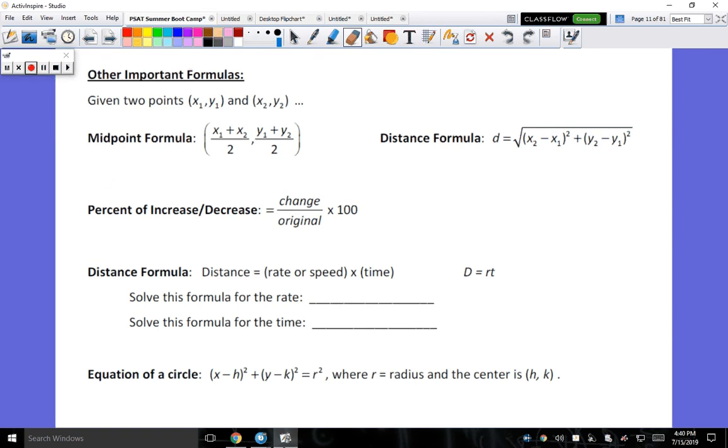This is the way that you want to use these equations. Let me give you an example. I have the points 4, 5 and negative 3, negative 2, and I want you to find the distance.